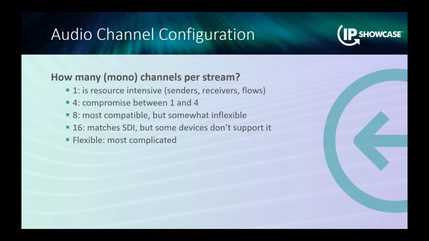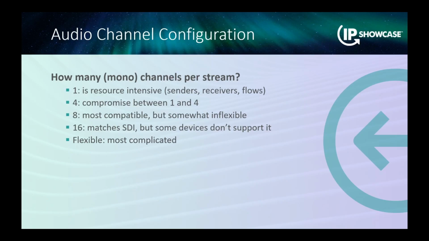Eight is the most compatible because it's the lowest level of compatibility in the ST 2110-30 standard, and so all devices must understand it. But it's somewhat inflexible because you always have 8 mono channels. Then you can use 16 because it matches what you have in SDI.